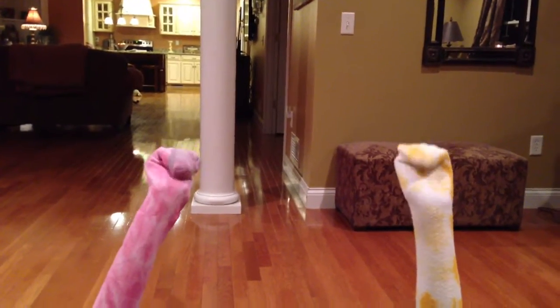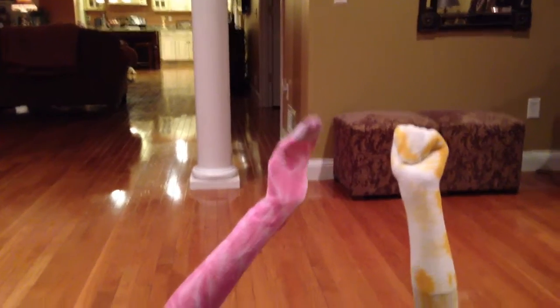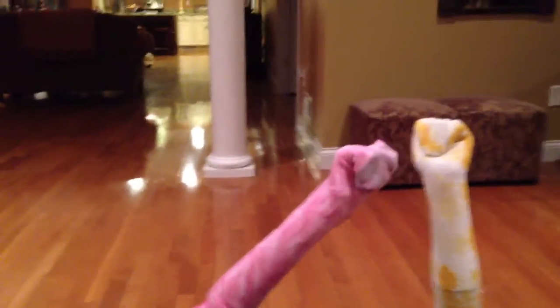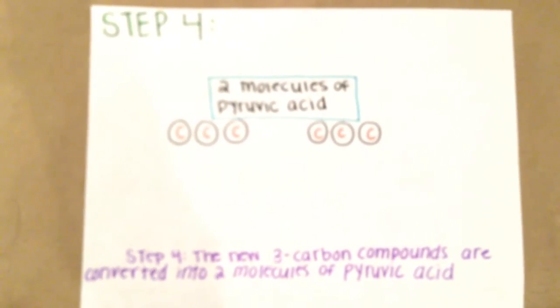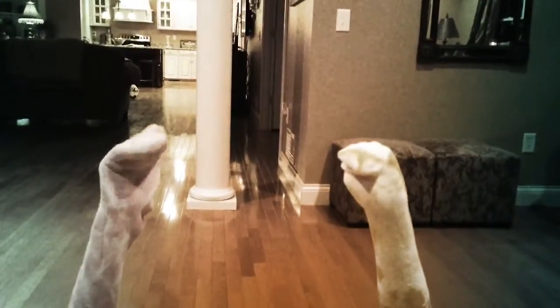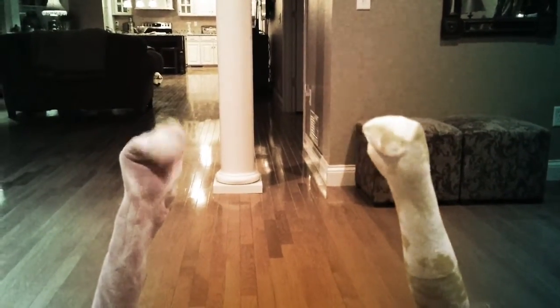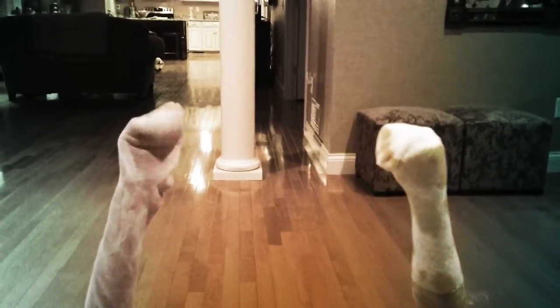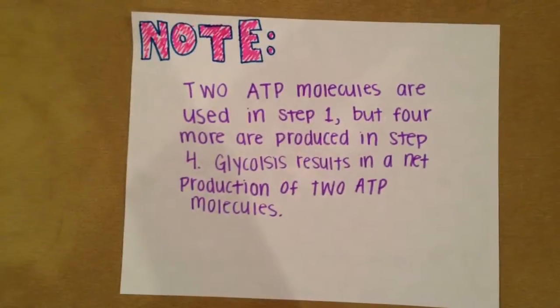The new 3-carbon compounds are converted into 2 molecules of pyruvic acid. Note, 2 ATP molecules are used in step 1, but 4 more are produced in step 4. Glycolysis results in a net production of 2 ATP molecules.